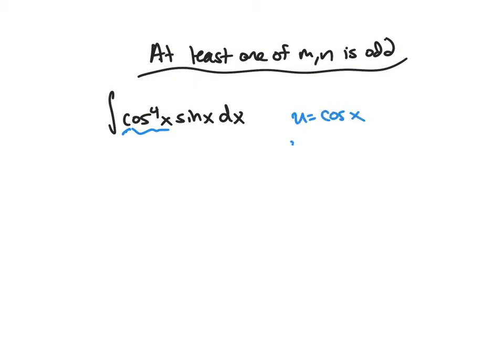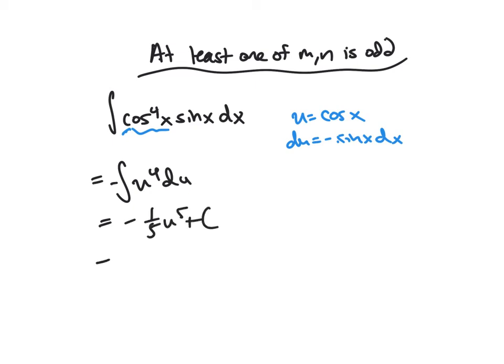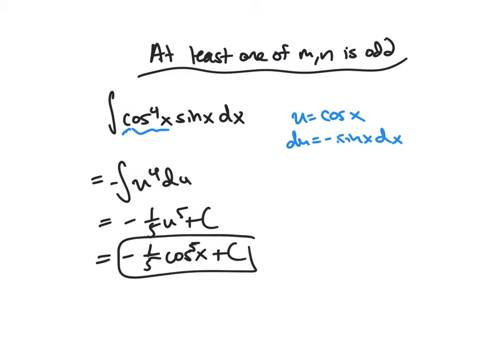So u is cosine, du is negative sine. And so we end up getting the integral of, okay, we have a negative sign, but it's just u to the fourth du. And so we get negative 1/5 u to the fifth. And replacing u, we get negative 1/5 cosine to the fifth x plus c.